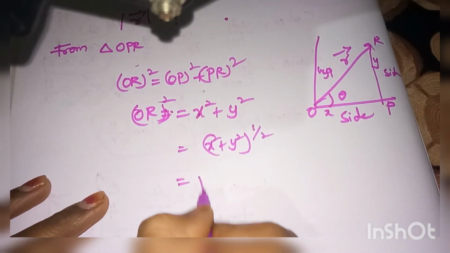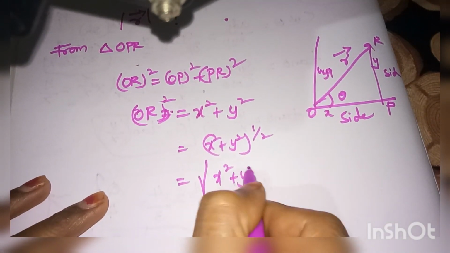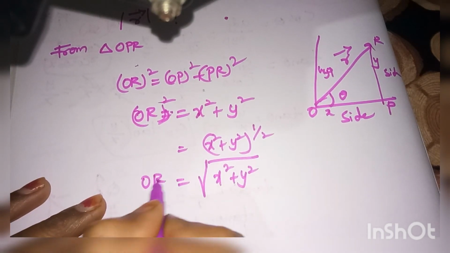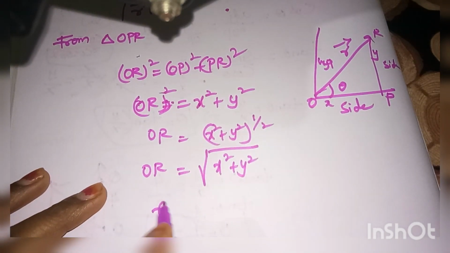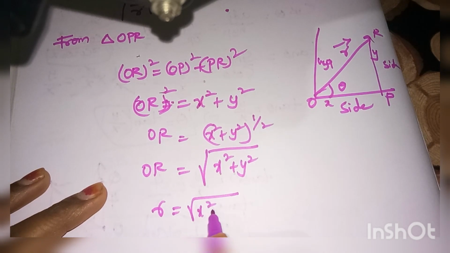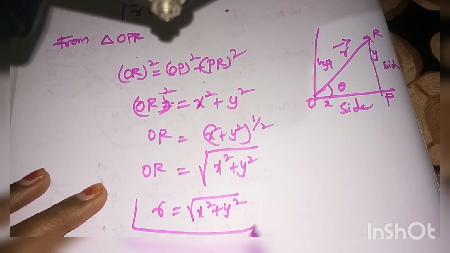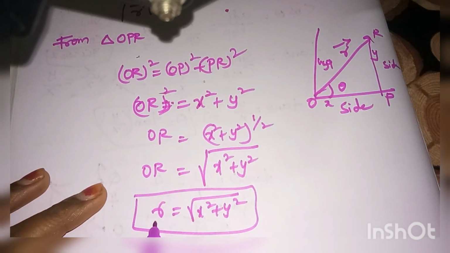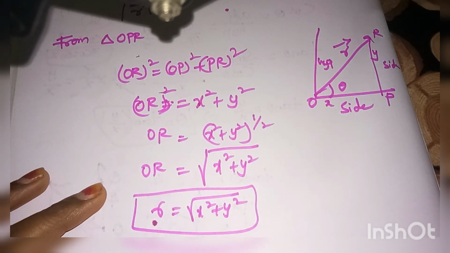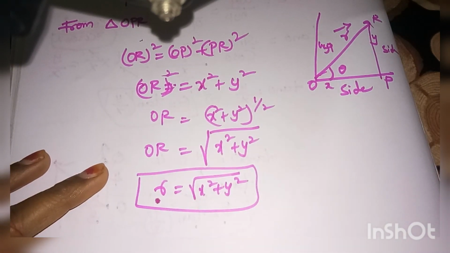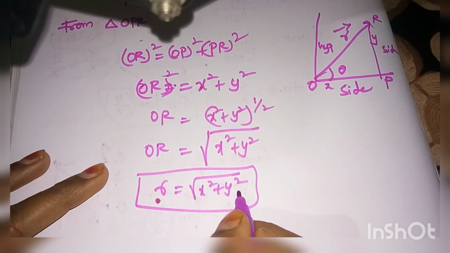This can be written as square root of x square plus y square. What is OR here? OR is small r. Small r represents the magnitude of a vector, that is r bar is equal to under root x square plus y square. In this way you can find the magnitude of a vector. So r equals under root x square plus y square.